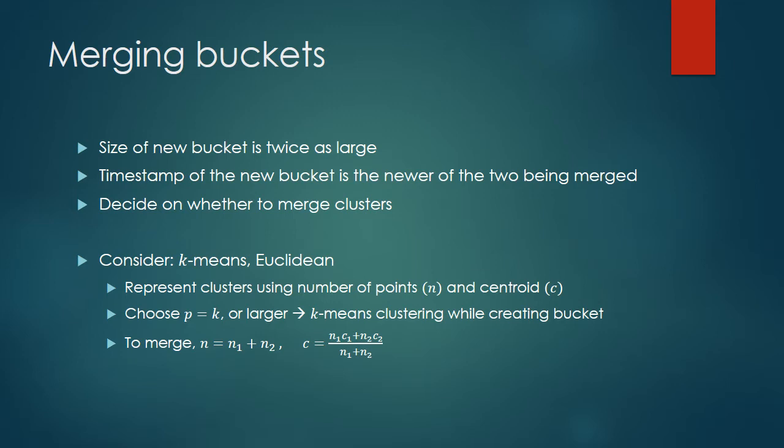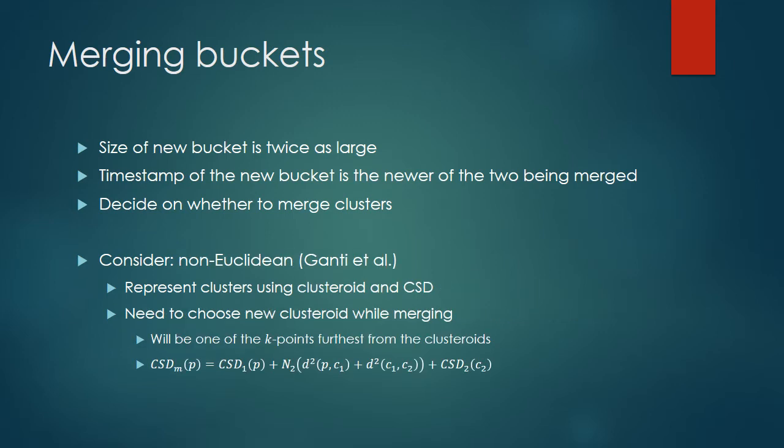So if we are considering a Euclidean case with k-means, and let's say that we are representing each cluster with the total number of points and the centroid, then it is fine to merge: your update would be to just update the number of points in the merged bucket, as well as to update the centroid. Right? That's all that you need to do, and you can move on. So you have a time history of what each of your buckets contains.